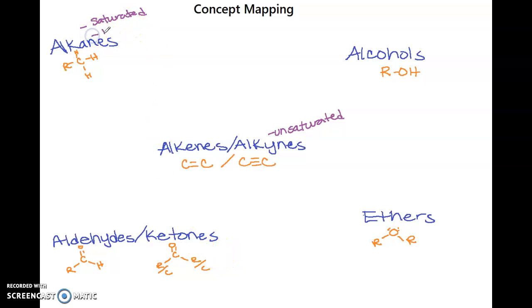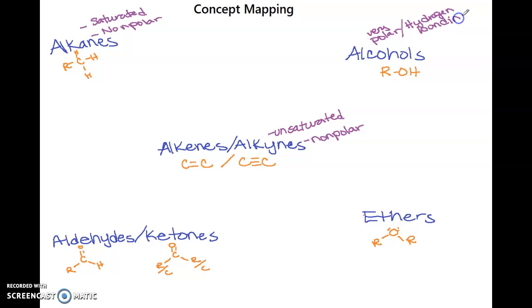Alkanes are nonpolar, right? Alkenes and alkynes, assuming they're hydrocarbons, are nonpolar as well. If they're substituted with something else, they might not be, but nonpolar. Whereas our alcohols are polar, very polar, to the point that we actually have hydrogen bonding between them.